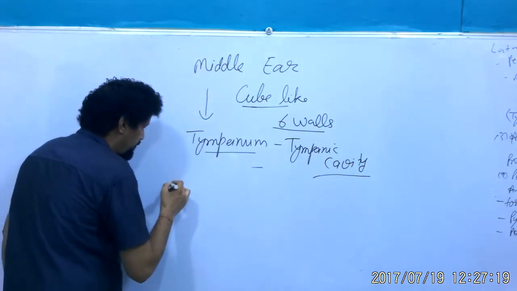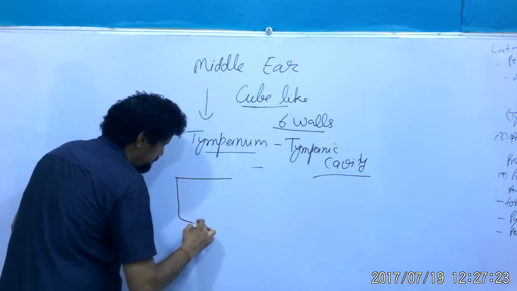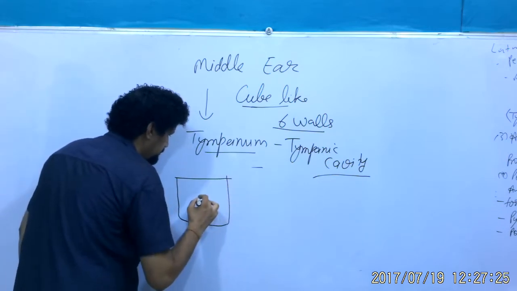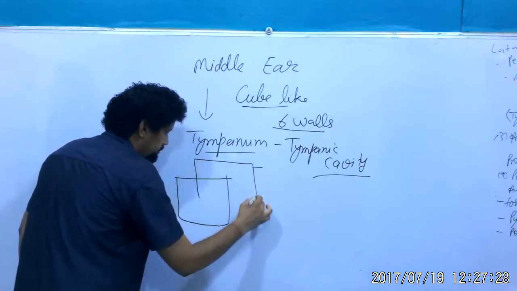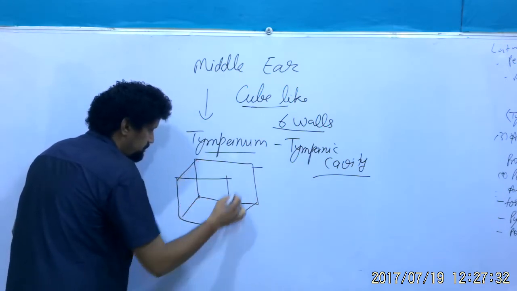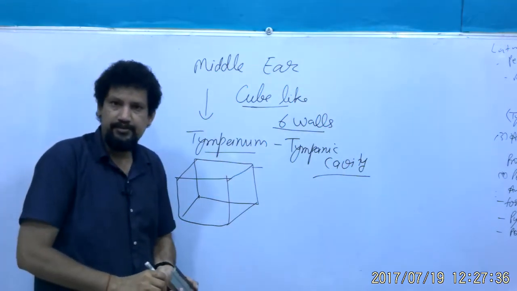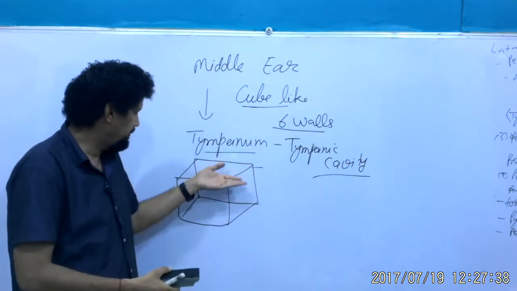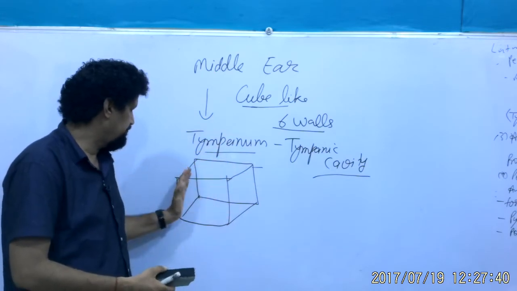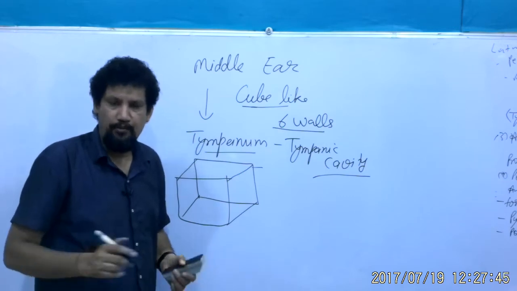So when we talk about this cube, this is a cube which is having 6 walls, the anterior, the superior, the inferior, posterior and 2 lateral walls.